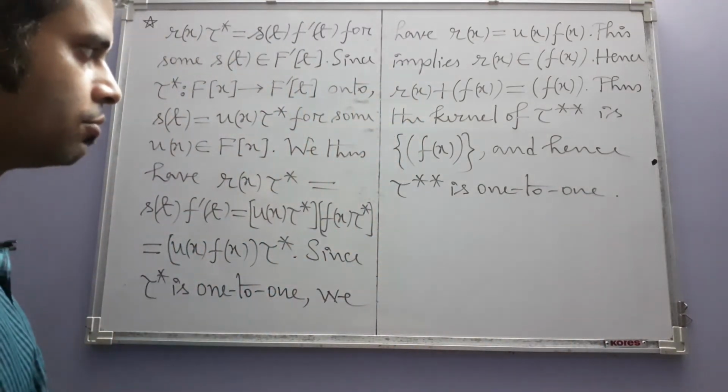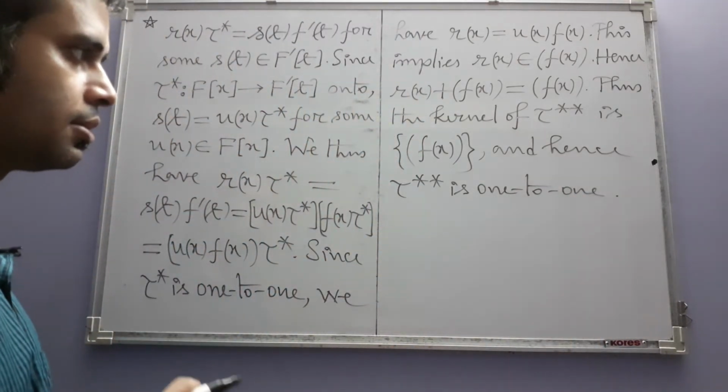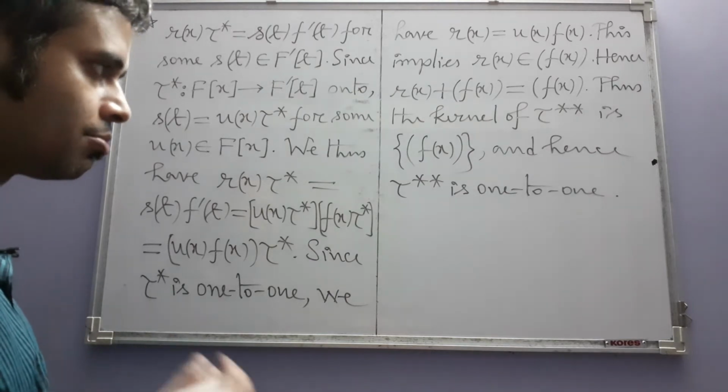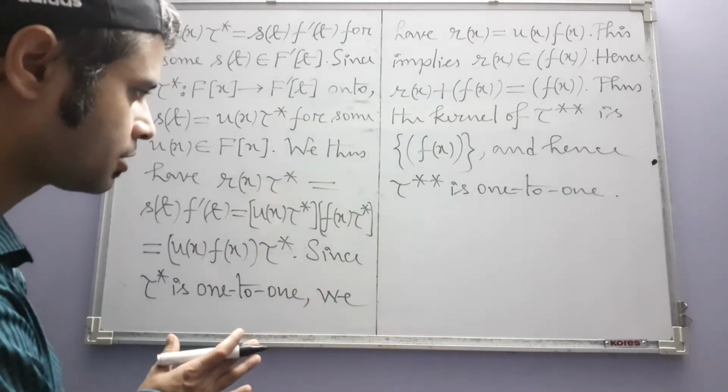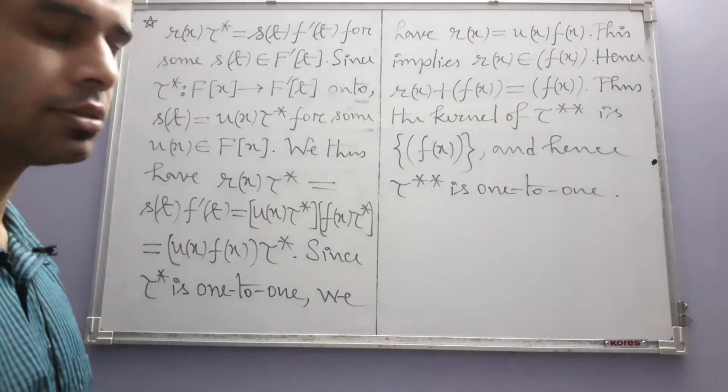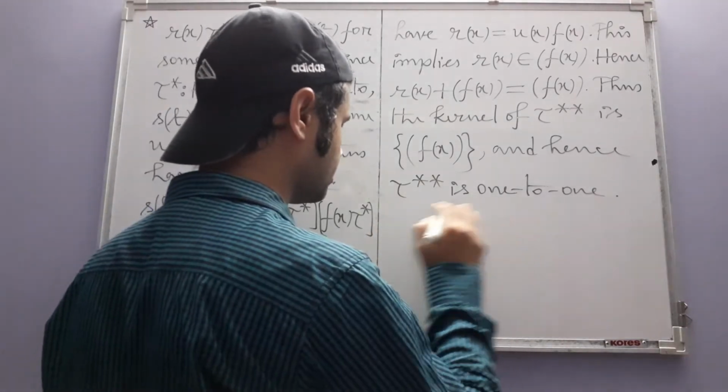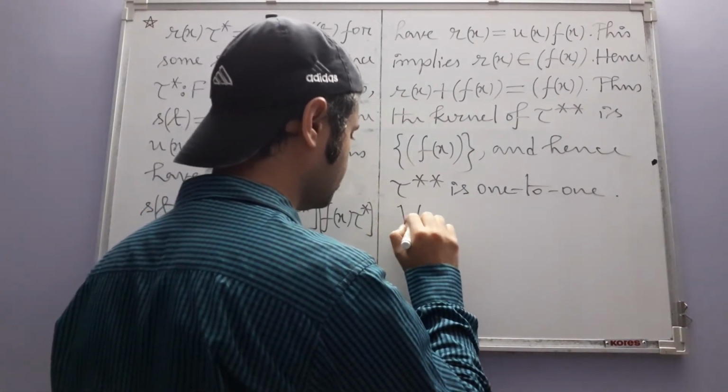So we have proved that tau double star is an isomorphism of our first quotient ring onto the second quotient ring. Let's write that down.